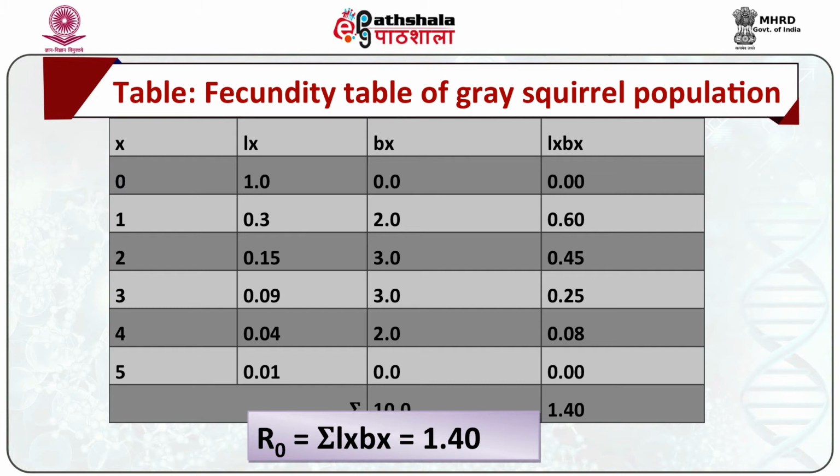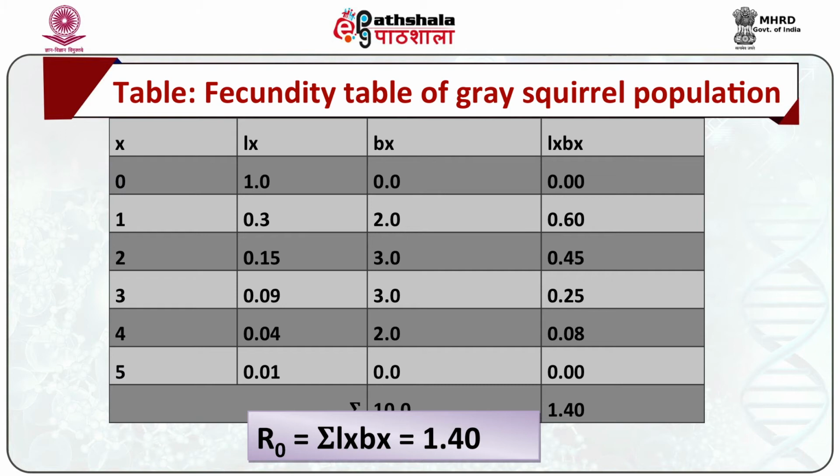Therefore, the value of Bx for a 1 year old female is 2, but when it is adjusted for survival, the value declines to 0.6. Similarly, for the female of age group 2, the value of Bx is 3 and the lxBx value declines to 0.45.